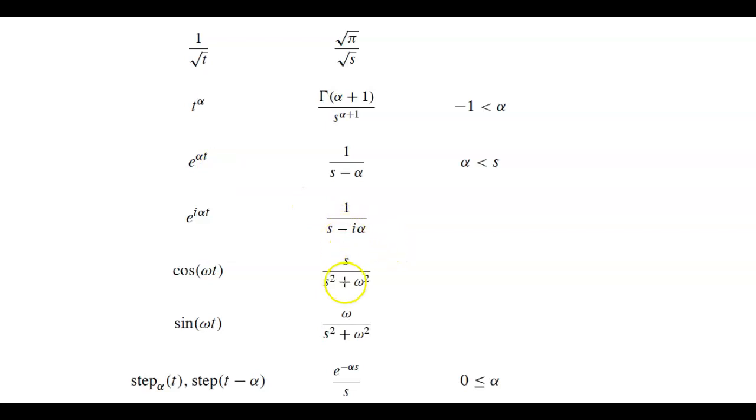Okay, and same deal here. If I get something that looks along the lines of this, I'm going to say the inverse Laplace transform of this is going to be this function here. And so that's kind of where we're going.